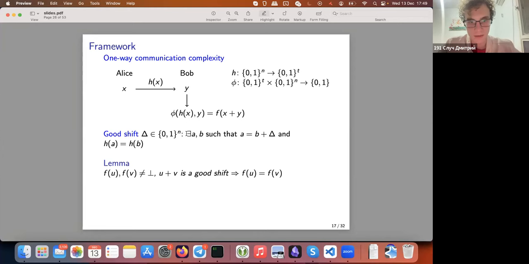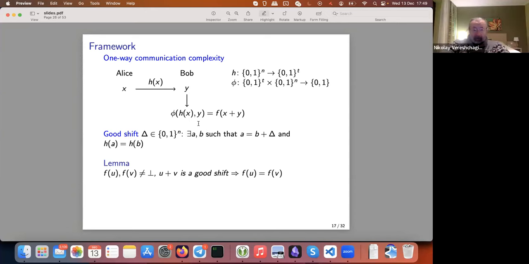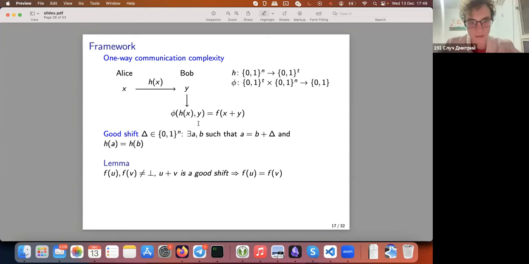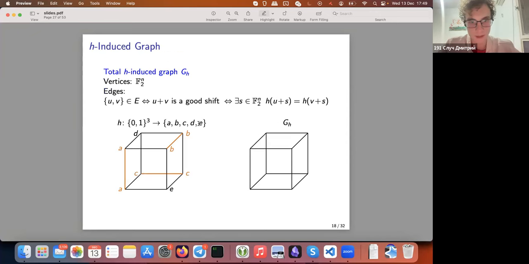So are there any questions here? No. Great. So we then introduce a total H-induced graph. That's a graph where we connect two vertices if the XOR between these two vertices is a good shift. Like here on the picture, function H is defined the following way, and there are 3 good shifts between two A's, between two B's, and between two C's.